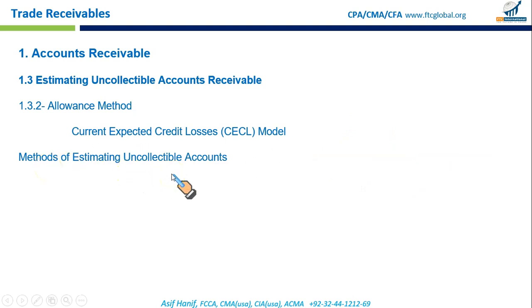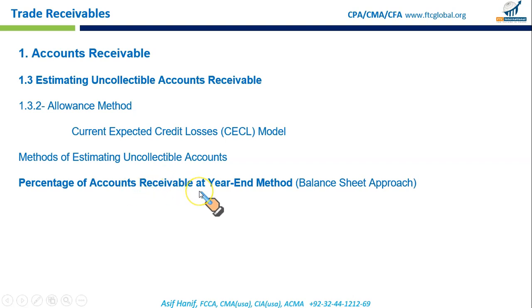There are two methods. One is the percentage of account receivable at the year end, which is also called the balance sheet approach. In this method, a company would estimate that a certain percentage of its receivables will be uncollectible. Like we have $200,000 gross receivable at the end of the year. So we select a certain percentage based on the past experience, consider 5%.